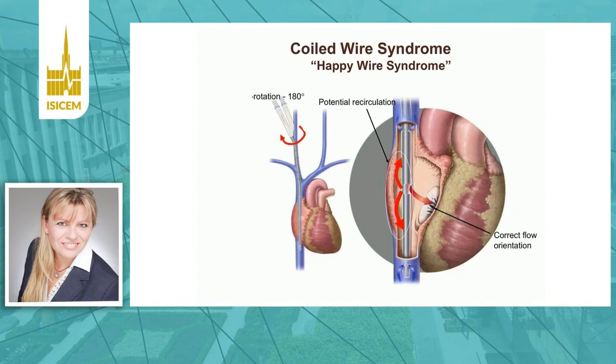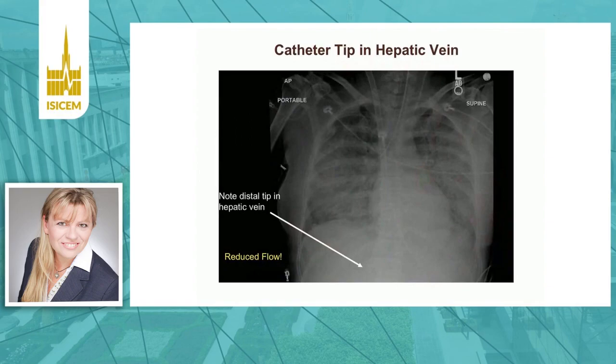The wire is just guided very smoothly to the inferior caval vein, and there is perfect and correct flow orientation of the outlet, and the potential recirculation is minimized. So again, catheter tip in the hepatic vein should be avoided.